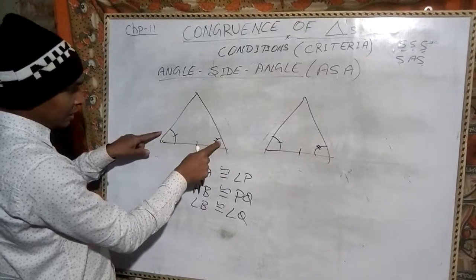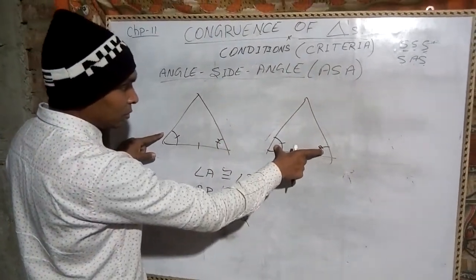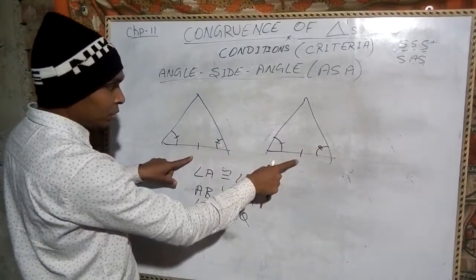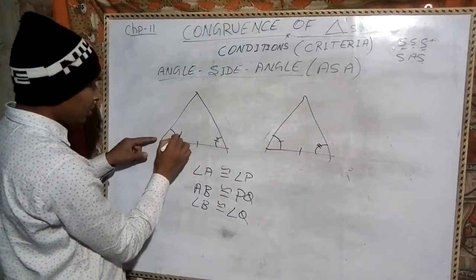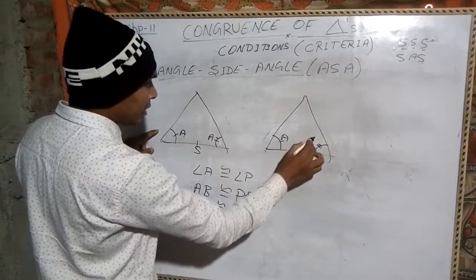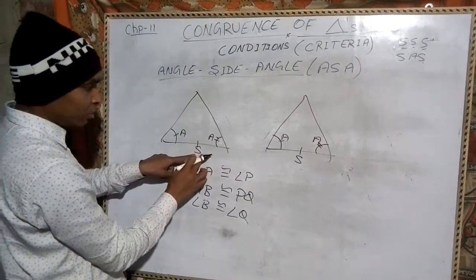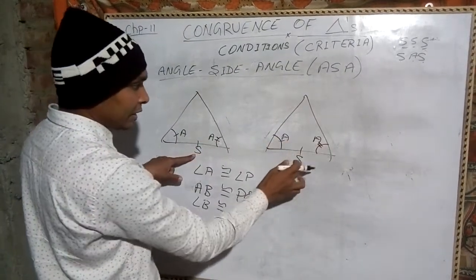So both angles here are equal to both angles there. This side is equal to this side, means angle side angle, including side, both angles are here, and the included side.